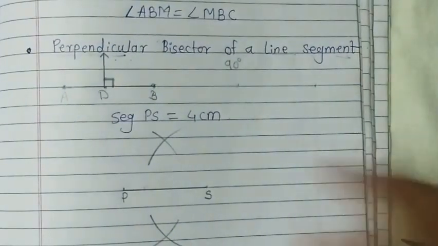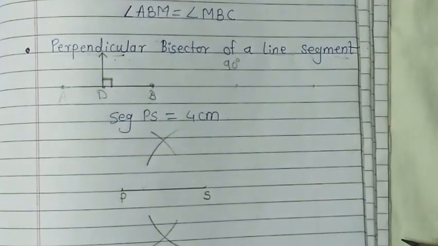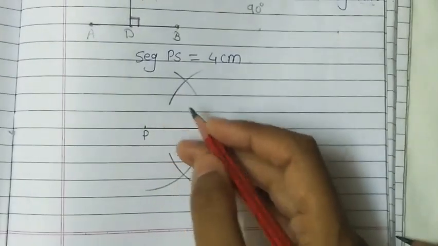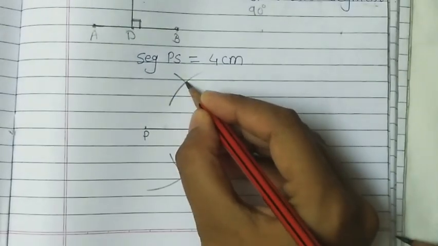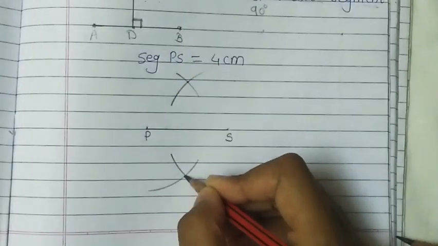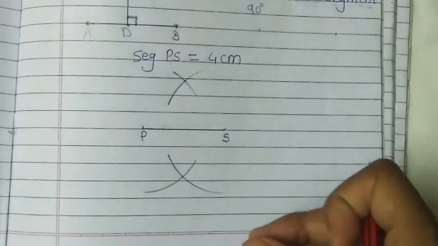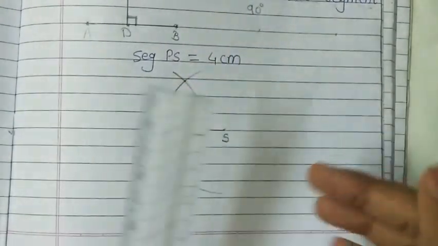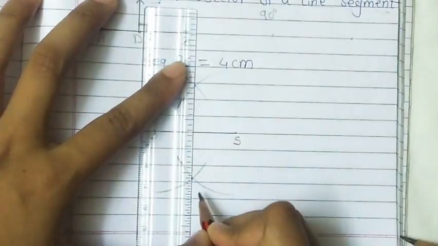Here we get two arcs. So after drawing two arcs, we get here 2 points. One is upside and one is downside. So now we are going to join these 2 points with the help of scale. Join this.